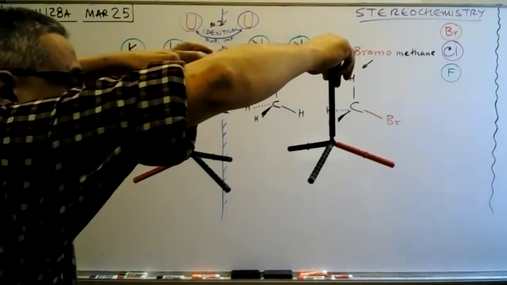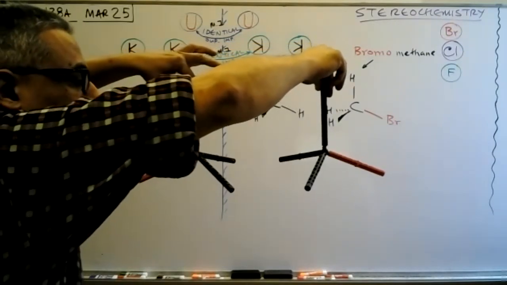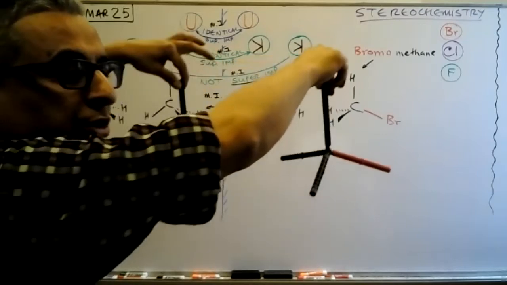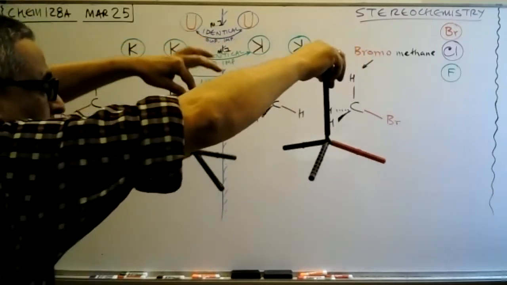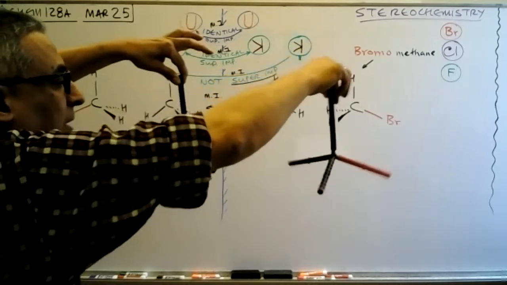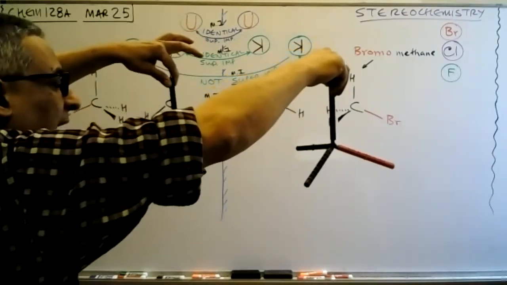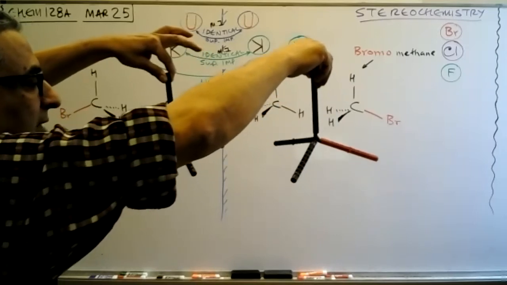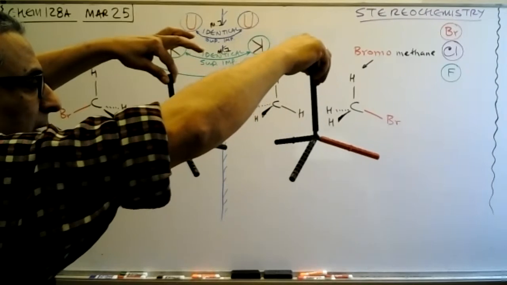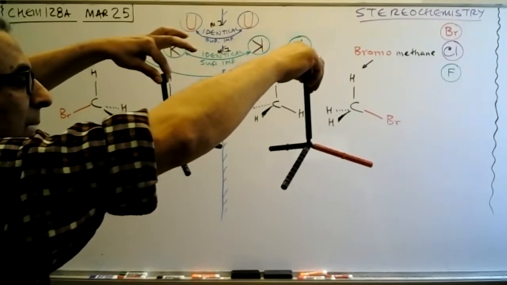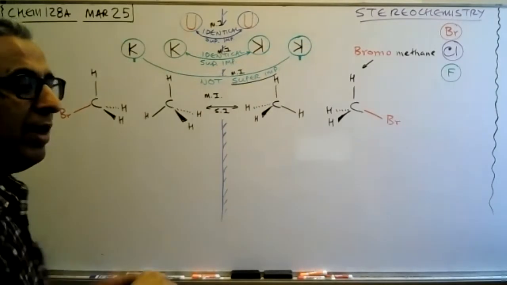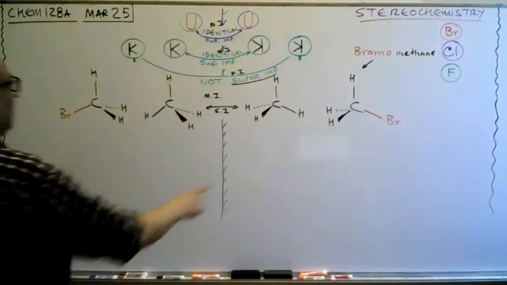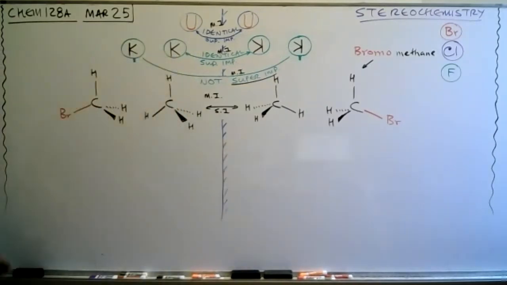If I try to lay the black hydrogens, the central carbon, and the bromine together, I'm trying to force you to rotate the molecule in your head and imagine putting the red on top of the red and the central carbon on the central carbon of the other molecule, and then see what happens to the rest. What do you guys think? I'm going to take away the models again from your vision. Do you think that these two guys are superimposable or not?